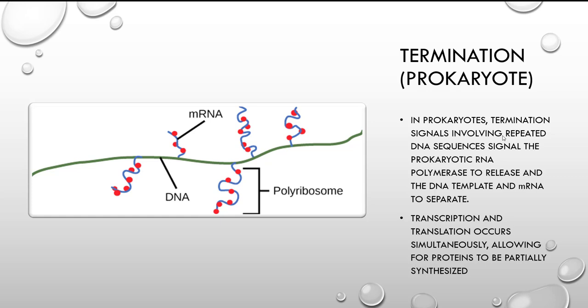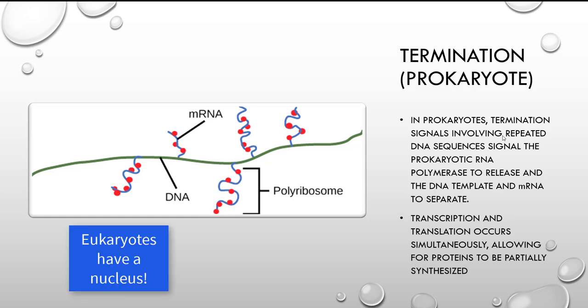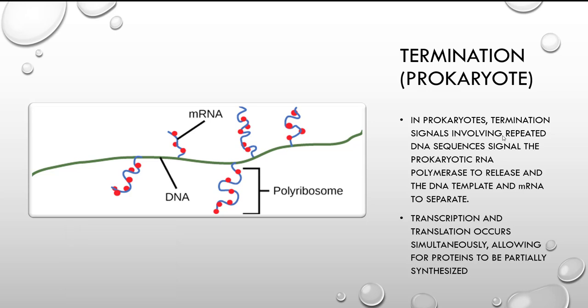But what's interesting and different between prokaryotes and eukaryotes is that with eukaryotes, remember, transcription is occurring inside the nucleus of the cell, and the ribosomes are in the cytoplasm. So transcription and translation occur separately from each other. But with prokaryotes, there is no nucleus, so transcription and translation can occur simultaneously.